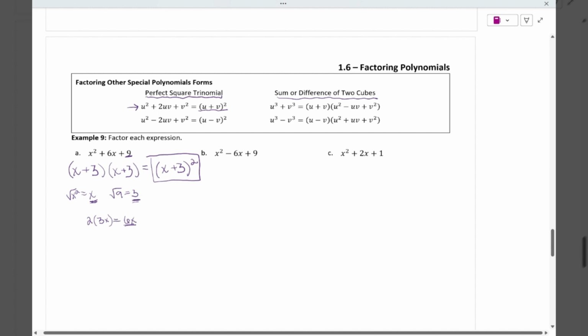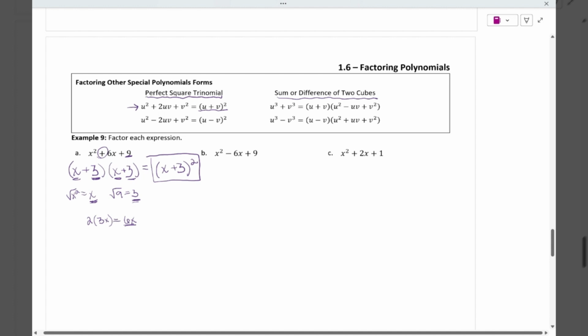So if you can recognize that, that helps with the factorization. So we know that the square root of the first term is the first term in the factorization, and then the square root of that last term is the second term in the factorization, and we look at the sign of the middle because it was plus, it's a plus, okay? So that's a property that we can look at.